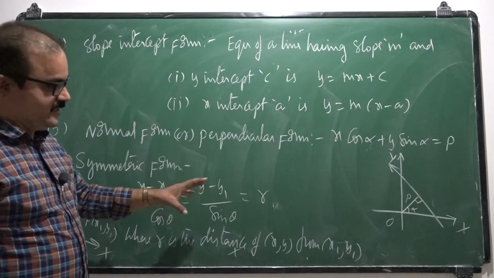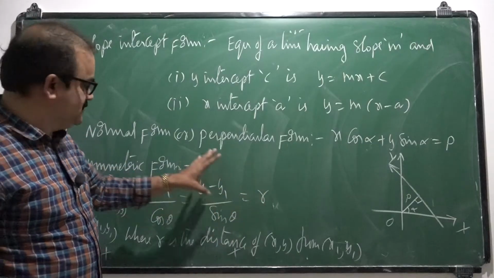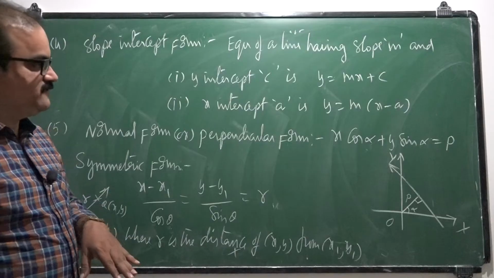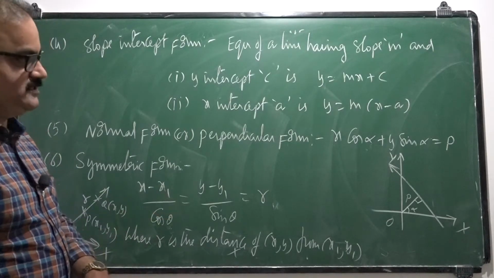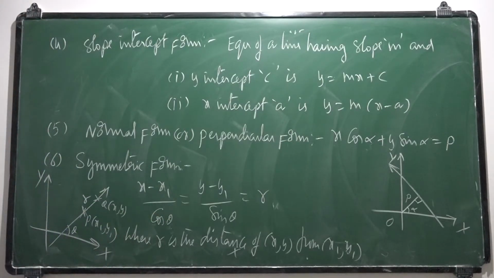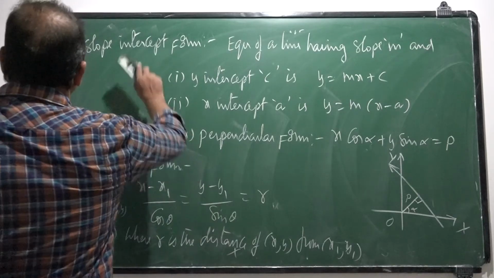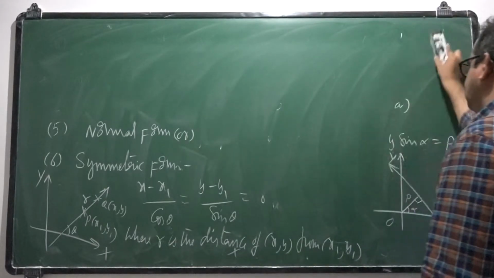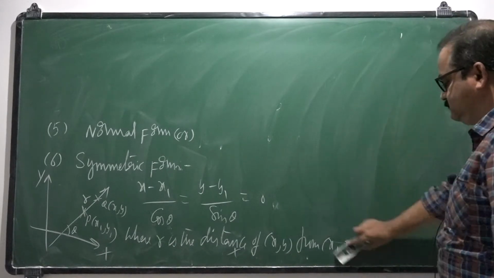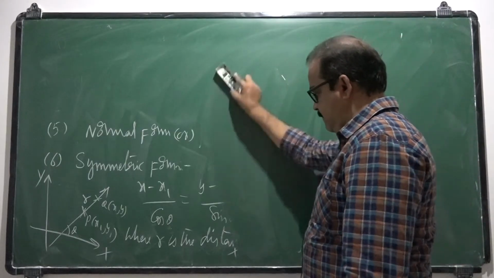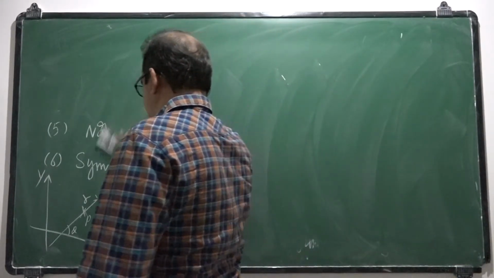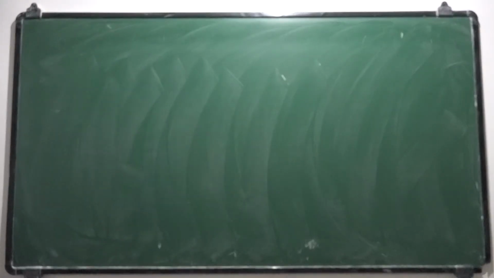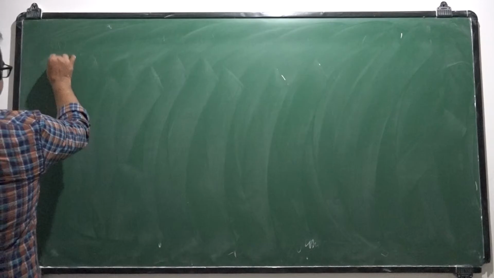The straight line may be in any one of these different forms, but the general equation of a straight line is a linear equation. Take a note.